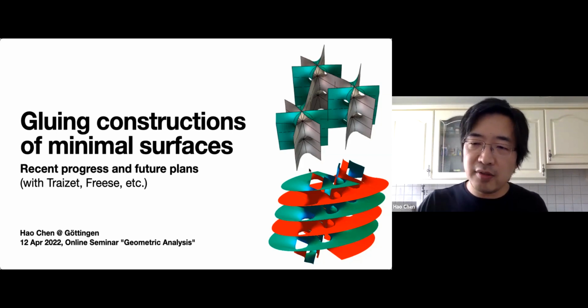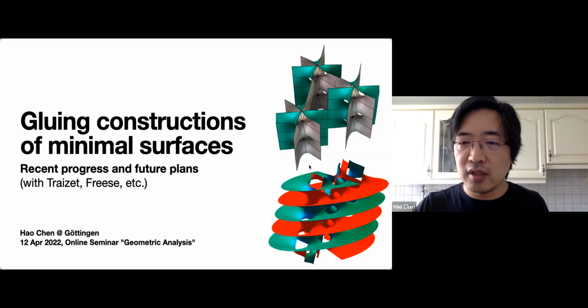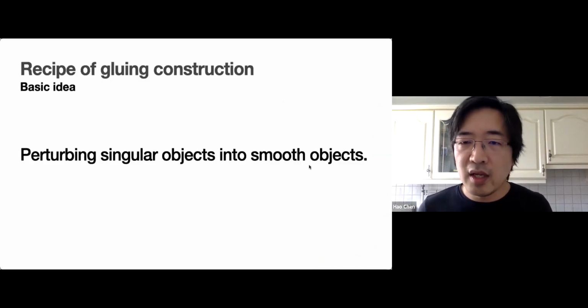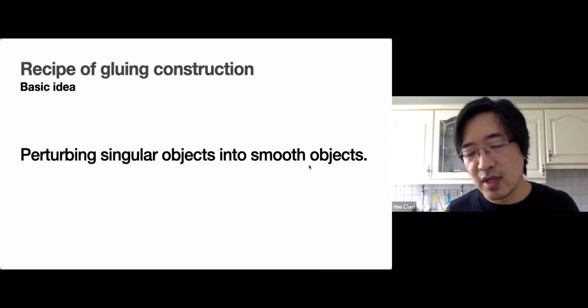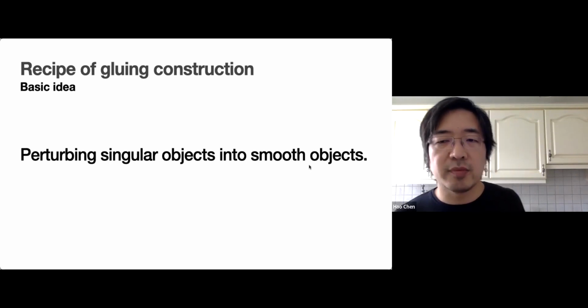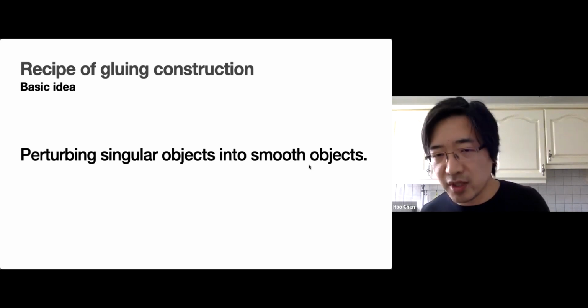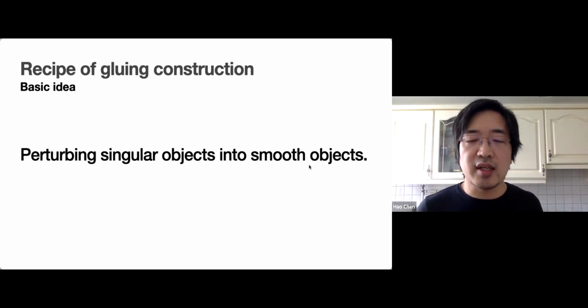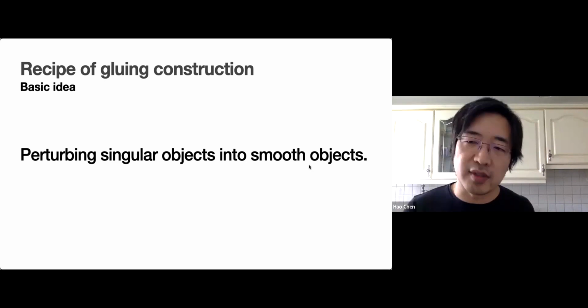So in this particular talk, by gluing, I mean actually desingularization. So I will start with a singular object and perturb it into a smooth object. And in this case, the smooth object is a minimal surface.